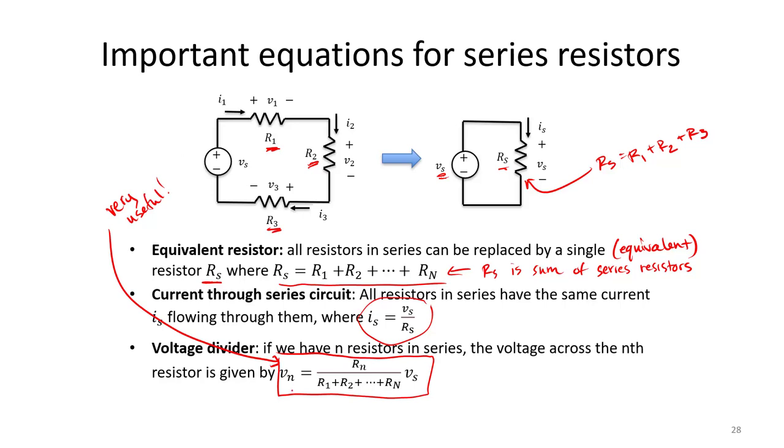So if we want to find the voltage across the nth resistor in series, we can do so by taking that nth resistor, dividing it by the sum of all the resistors, and multiplying by Vs, where Vs is our source voltage. We'll do an example of this in just a moment.